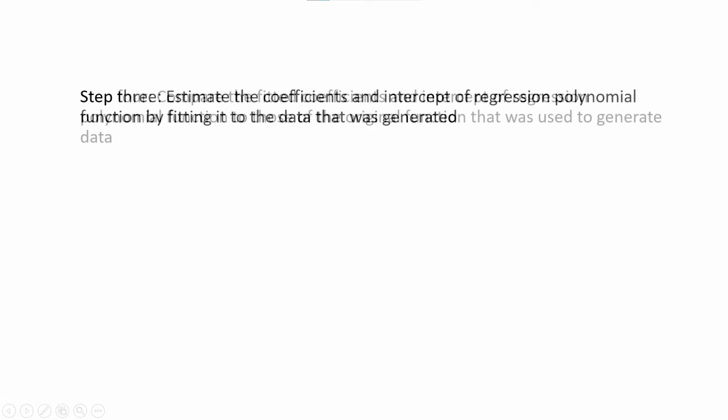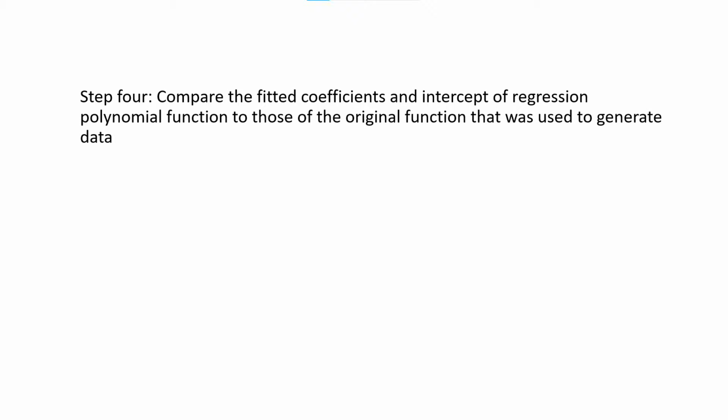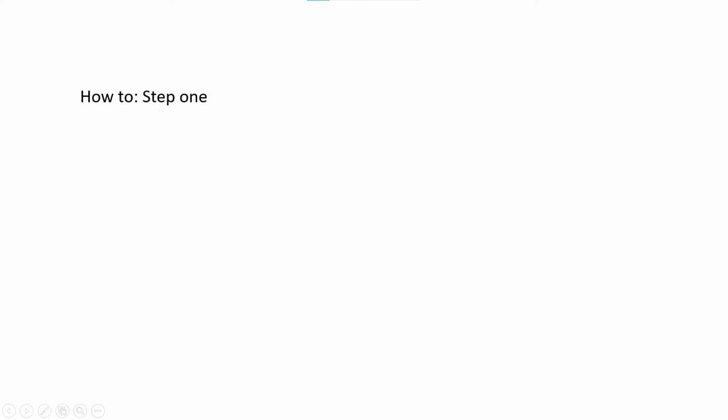In step 4, which is the final step, I will compare the estimated intercept and coefficients from my polynomial regression to those of the function that I originally used to generate my data. Remember, I did use a polynomial function to generate data in the first place. So, on to step 1.